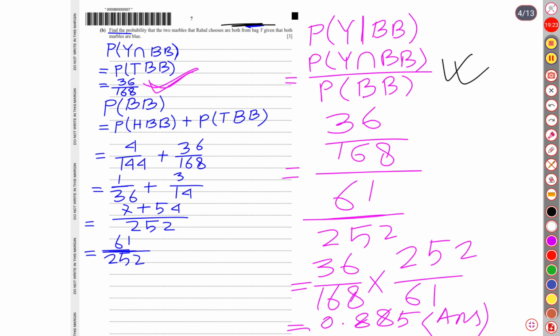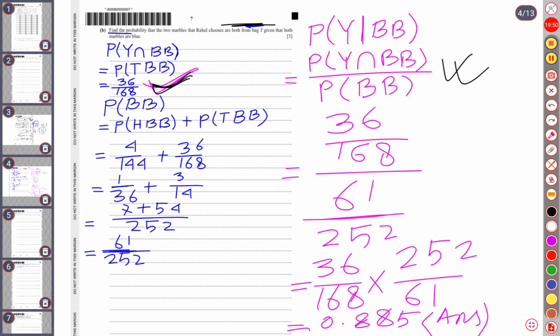Then we have used our already obtained data. The probability of Y intersection blue, blue is 36 over 168, and probability of blue, blue irrespective of any other restriction is 61 over 252. Then finally we have got 0.885 as our final probability.